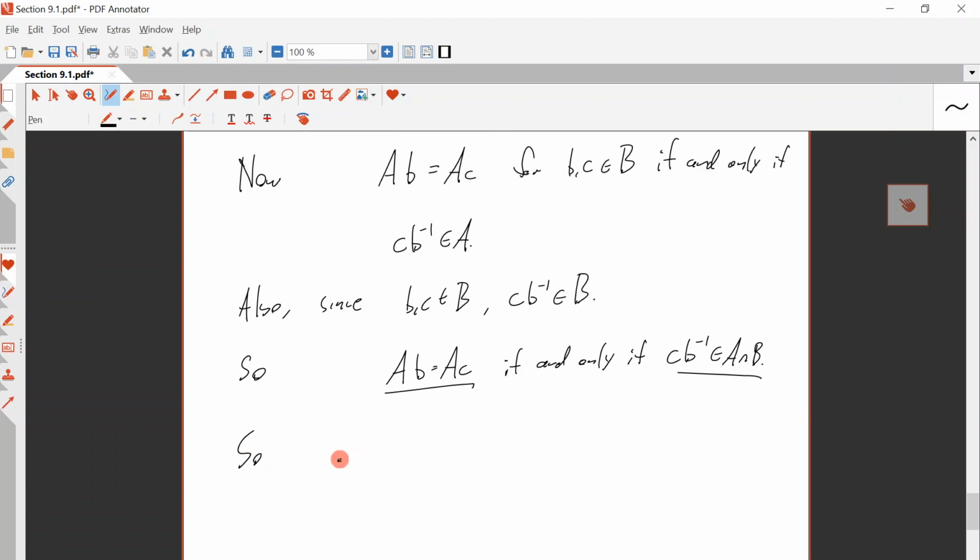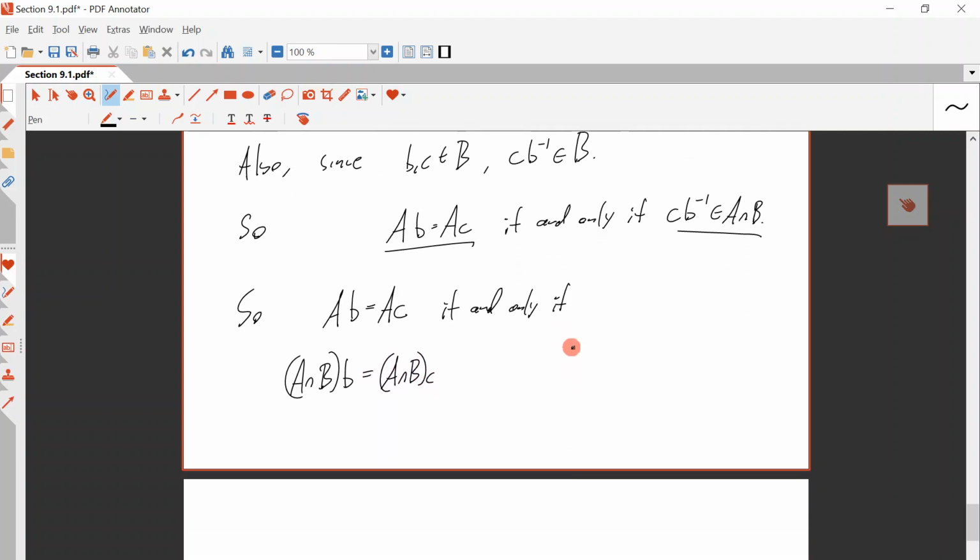So the right coset Ab is equal to the right coset Ac if and only if cb inverse is in A intersect B. But that's if and only if the right coset of A intersection B by b is equal to the right coset of A intersection B by c.